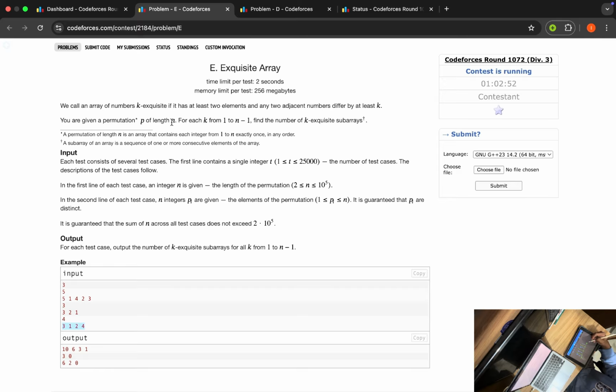Okay, so yeah, it's like dividing the array.